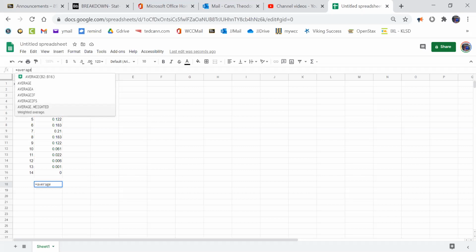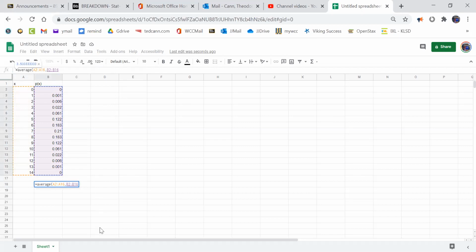Weighted averages can be a little on the trickier side, but it'll tell you what the expected value is for a particular data set.